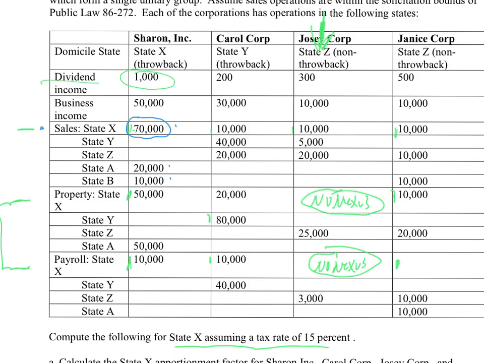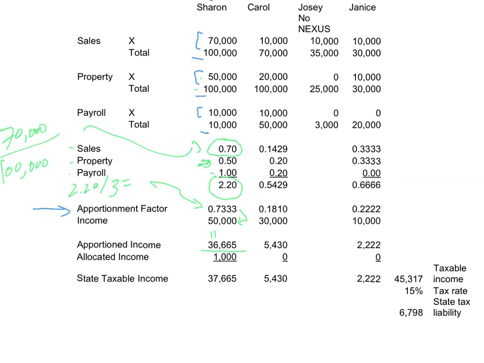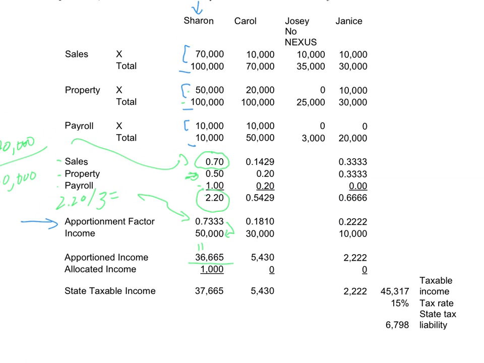And remember that our group, Sharon Incorporated, is domiciled in state X. That's very important, because that $1,000 of dividend income gets allocated to state X as well. So Sharon's state taxable income is their apportioned income plus their allocated income.